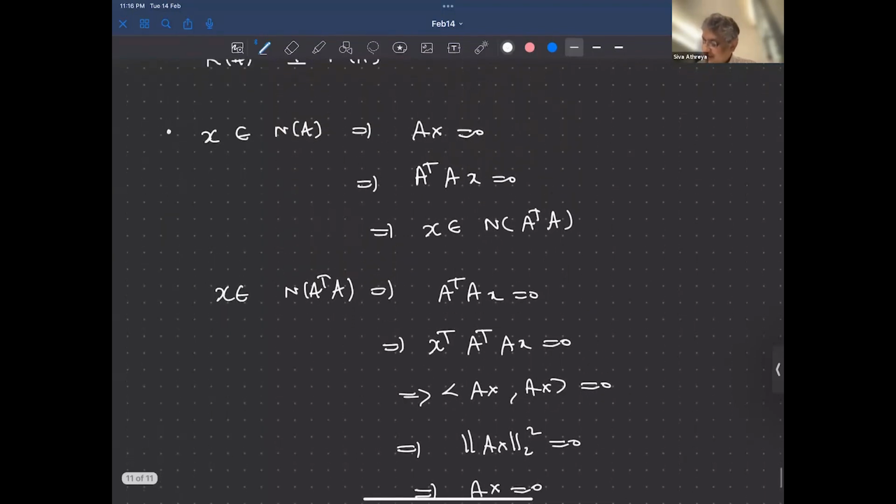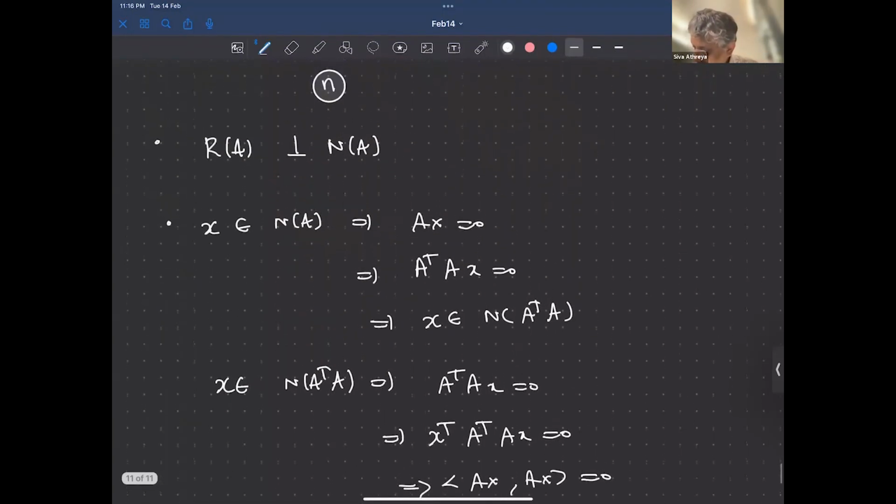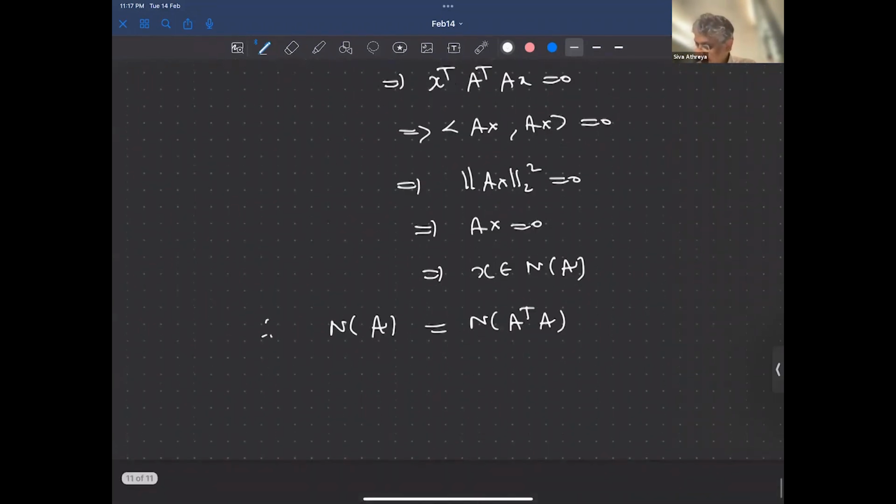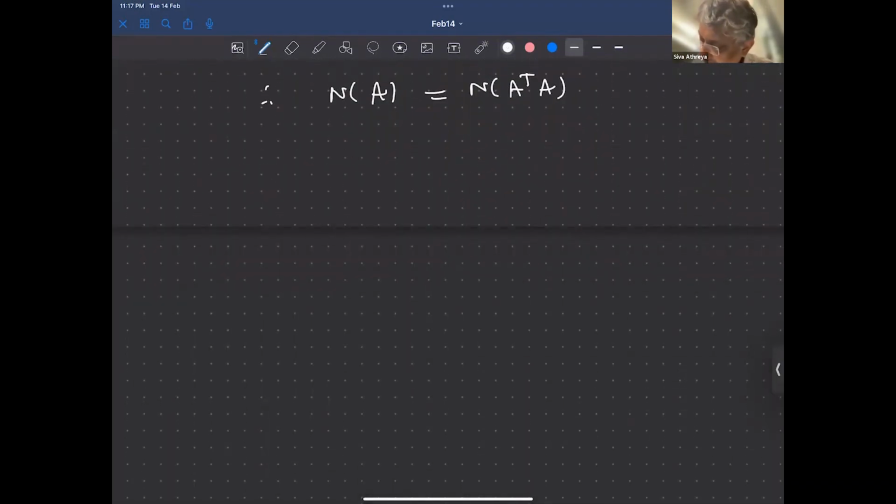So from these two facts, what have we shown? The null space of A is the same as the null space of A transpose A. That's easy to see now. The last part is fairly easy once you observe this; you just think a little bit. You observe that the column space of A transpose A is always contained in the column space of A. That's one way it's clear, I think.